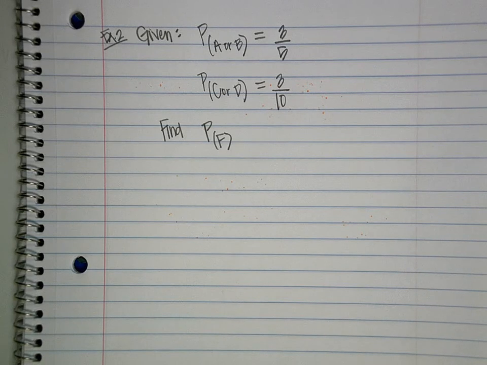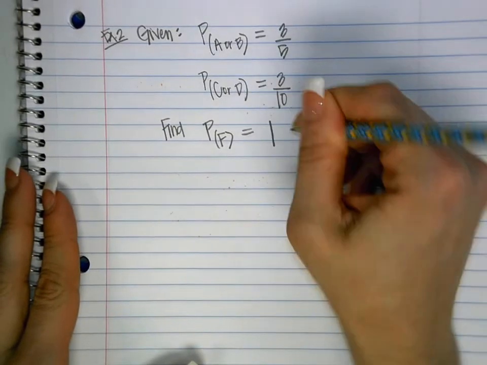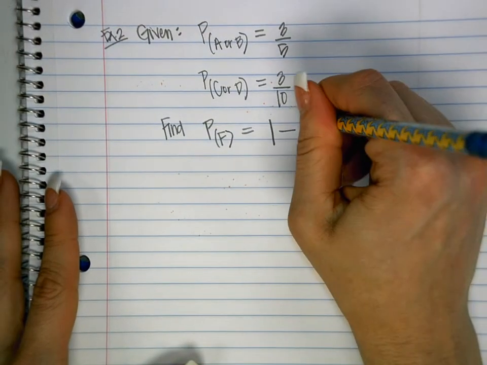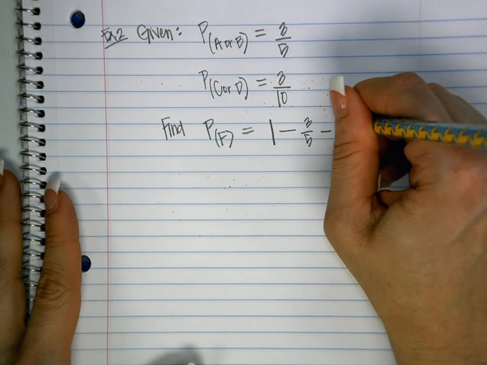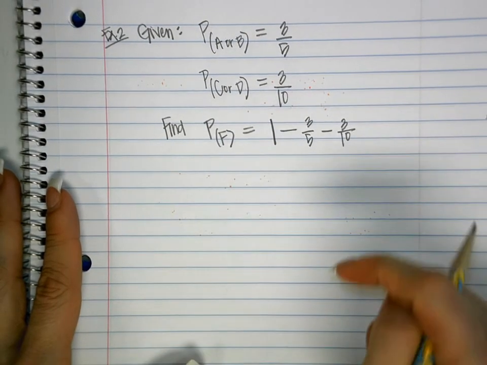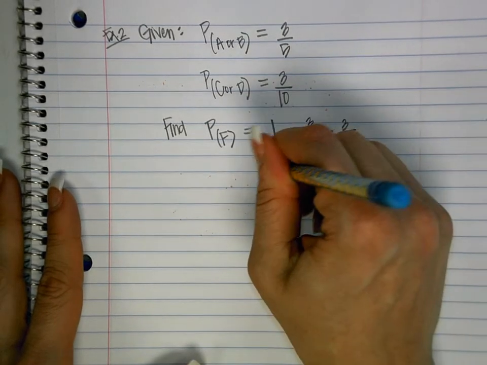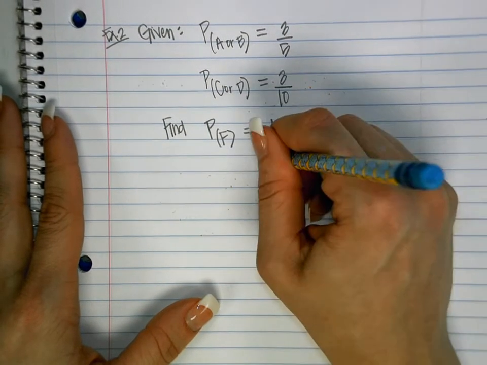So the way you do this is you take the total probability, which is 1, minus the probability of getting an A or B. So 1 minus 3 over 5 minus the probability of getting a C or a D, which is 3 out of 10. Now, if we convert all of these to have the same denominator, what's my common denominator? 10. So what is 1 in tenths? 10 out of 10.